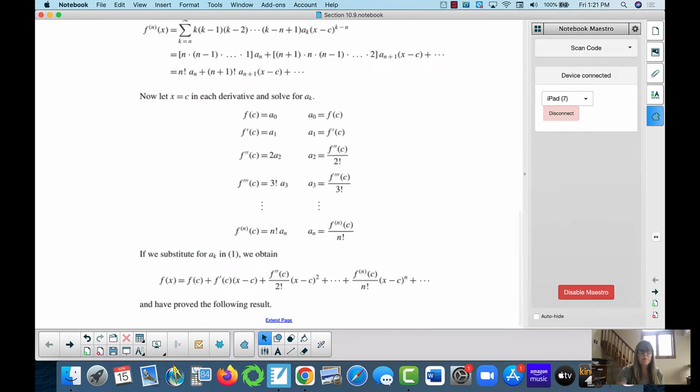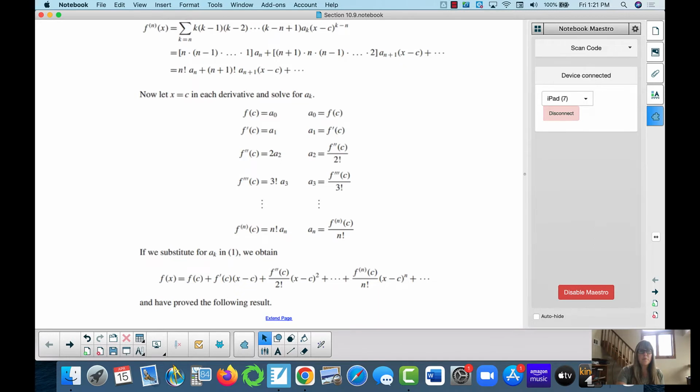The third term is the third derivative evaluated at c over 3 factorial, and so on. So we can say each term in that series is going to be whatever order derivative you're on, evaluated at c over that number's factorial.